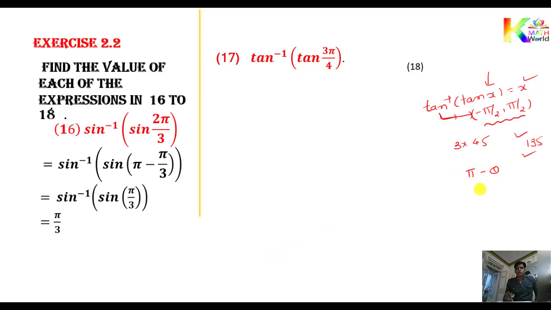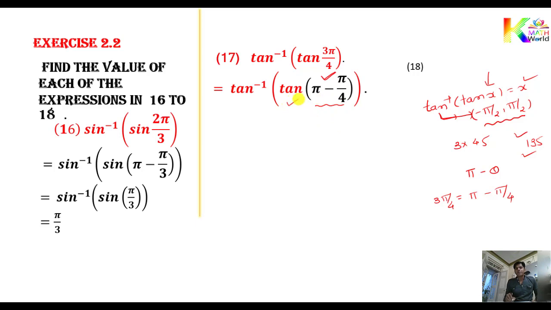How can we write 3 pi by 4? Pi minus pi by 4. By considering LCM, 4 pi minus pi, that is 3 pi by 4. So we can write 3 pi by 4 as pi minus pi by 4.